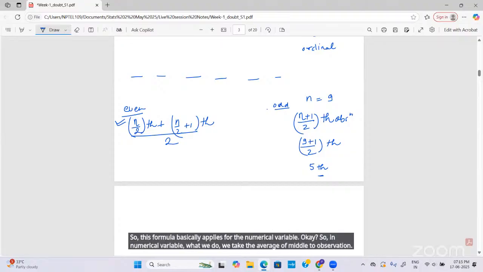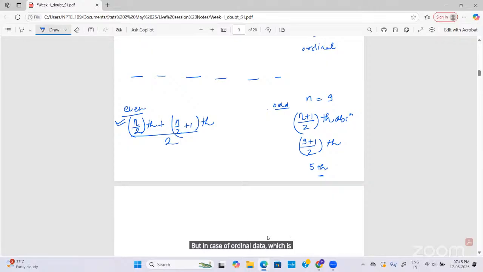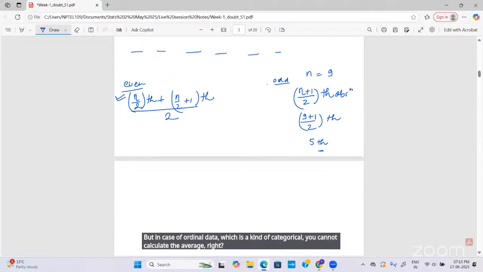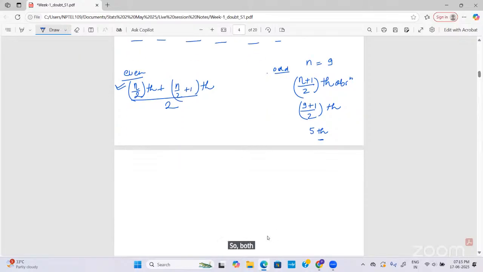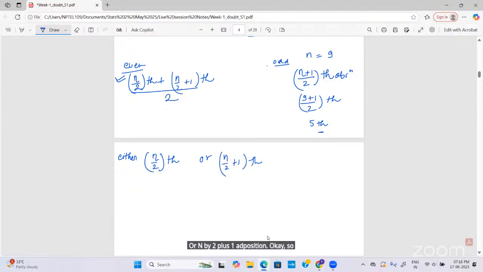But in case of ordinal data, which is a kind of categorical, you cannot calculate the average. So both the values at the middle position will be your median: the value at the n by 2th position or the n by 2 plus 1th position.